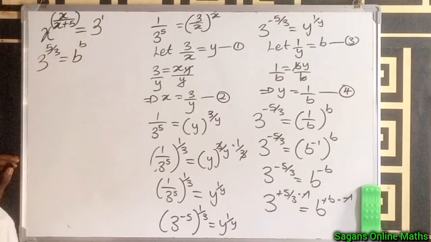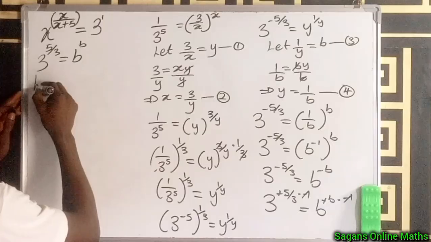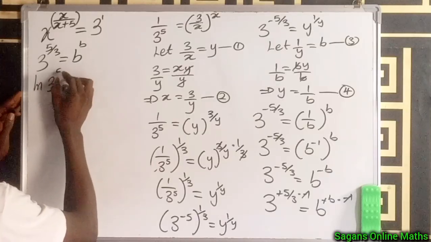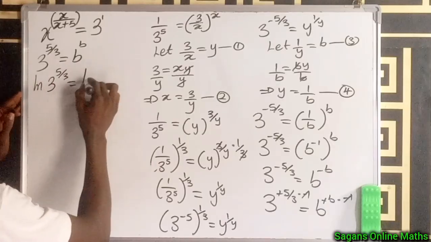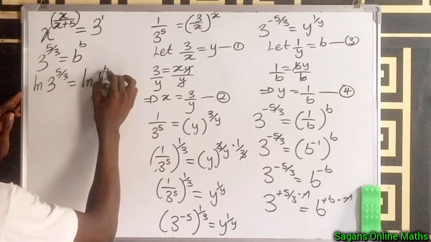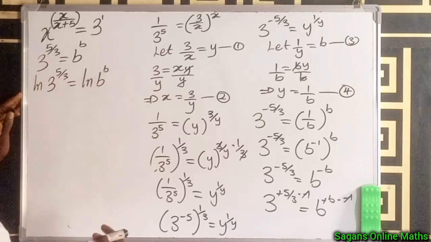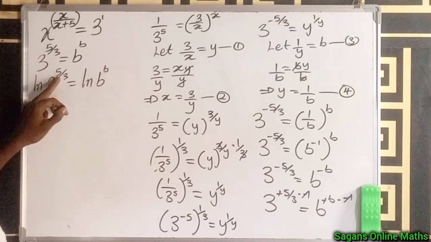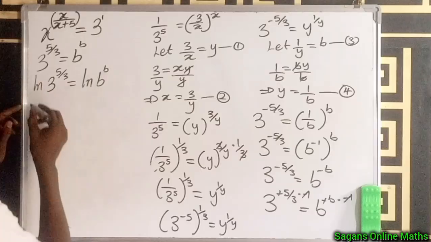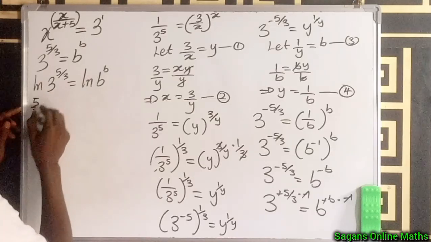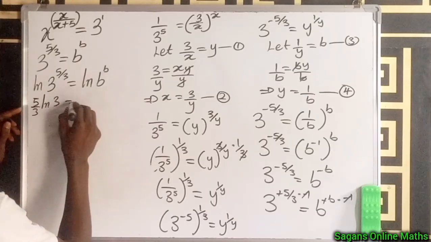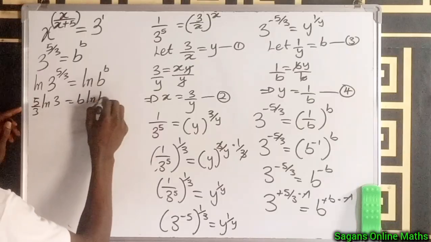At this point, what I'm going to do is to apply the natural logarithm of both sides. That is ln 3 to the power of 5 divided by 3 equals ln b to the power of b. And again, if you really obey the properties of logarithm, we see that the power here can also go back to multiply the ln. So this is 5 divided by 3, then ln 3 equals b ln b.